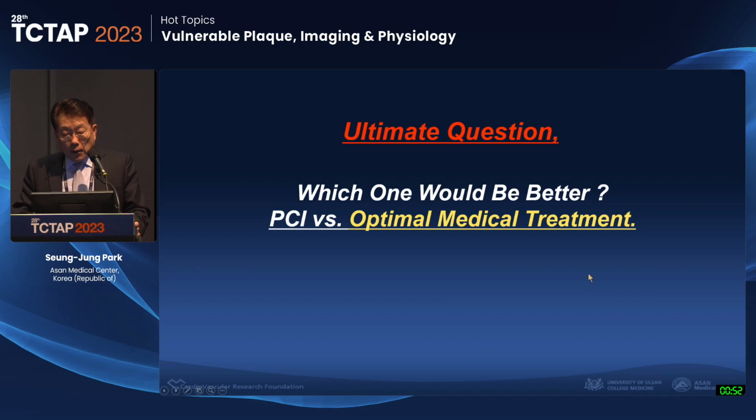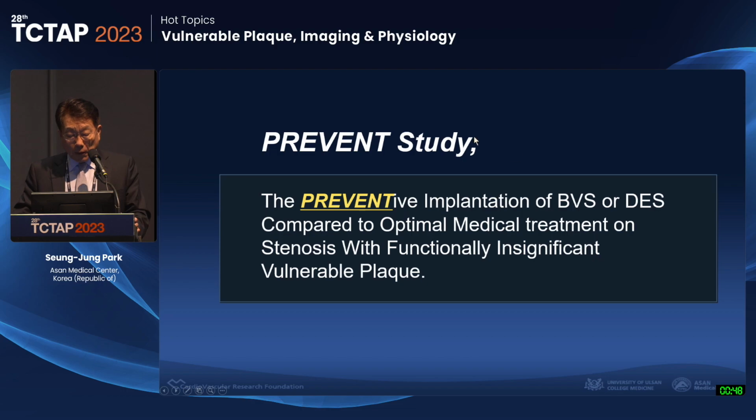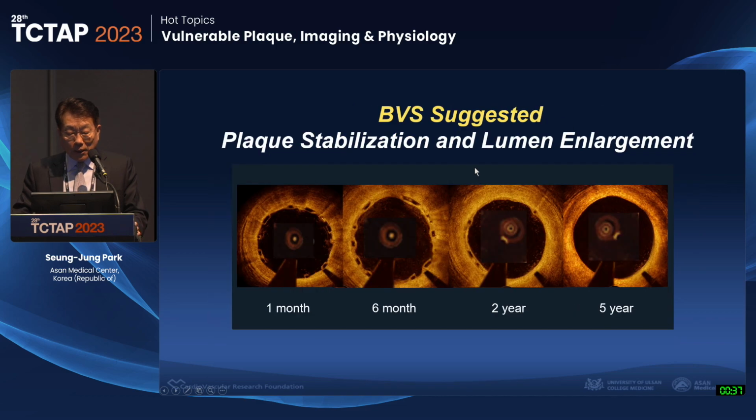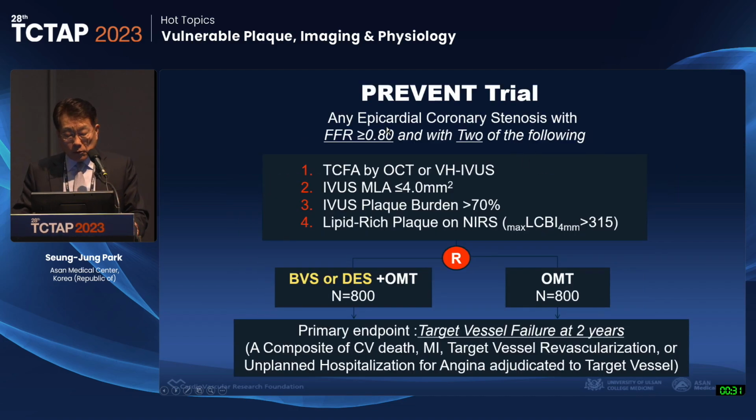So, the ultimate question is which one would be better, PCI versus medical treatment. That is our study background, the PREVENT study. Everolimus-eluting stent may induce neointimal hyperplasia. The bioresorbable scaffold was actually the first part of our study, so we separate with 1-to-1 randomization.